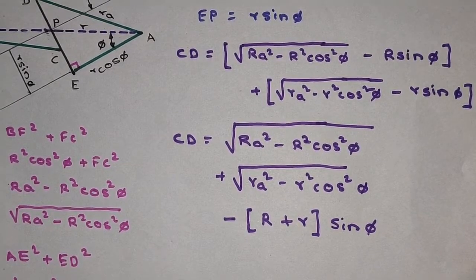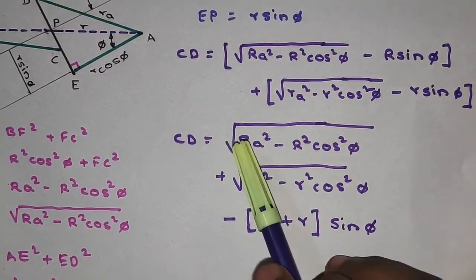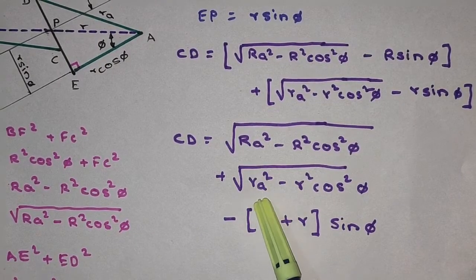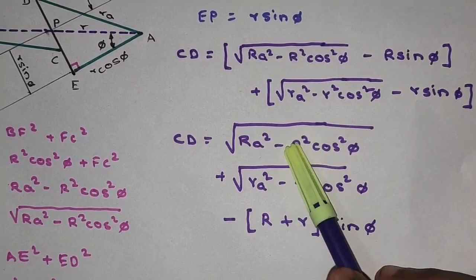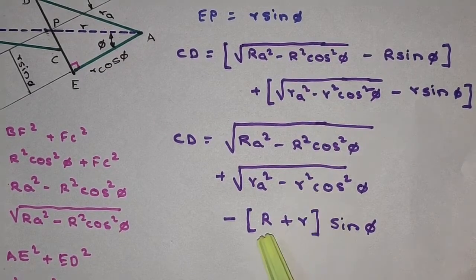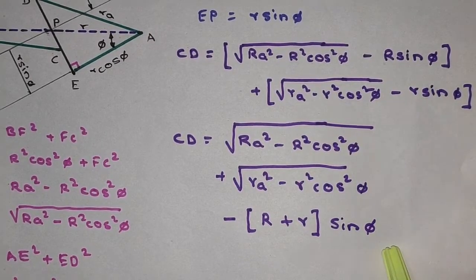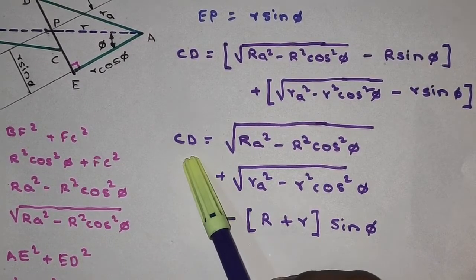Now if we know the addendum circle radius of the gear and of the pinion, and also the pitch circle radius of the gear and of the pinion, and if we know the angle phi, we can determine the length of the path of contact CD.